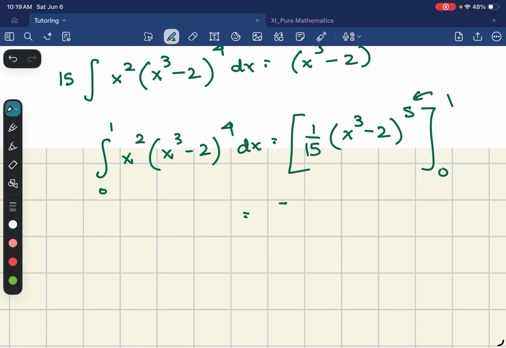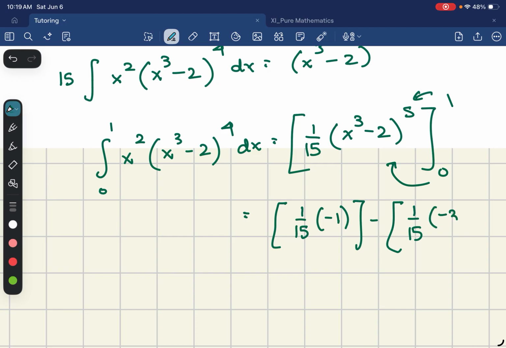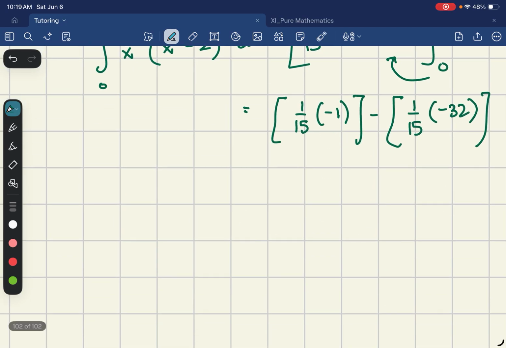I get 1 over 15 times (1 cubed minus 2), which is negative 1 to the power 5, just negative 1. Minus, substitute 0 here, and you get 1 over 15 times negative 32. And if you solve everything, you should get 31 over 15. That is going to be your final solution.